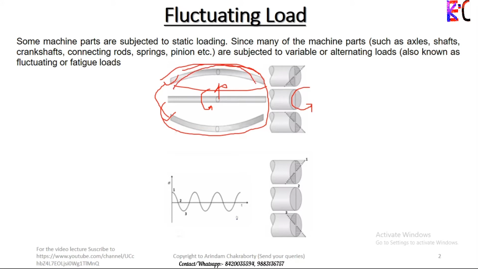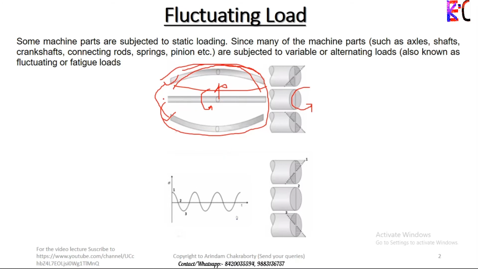When the bending stress is maximum, it will fail. So you can't approach a body or a calculation in a single manner. You have to go through several steps, which you will learn in the coming classes.